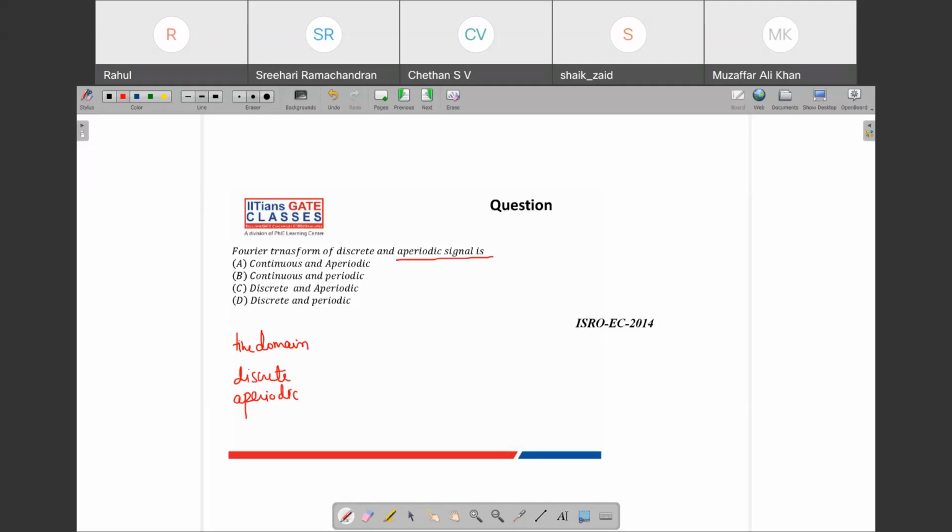But in the frequency domain, we write it as X(e^{jω}), and this is continuous. This is a continuous function, and we know that it is periodic with period 2π. So X(e^{j(ω+2π)}) is the same as X(e^{jω}).